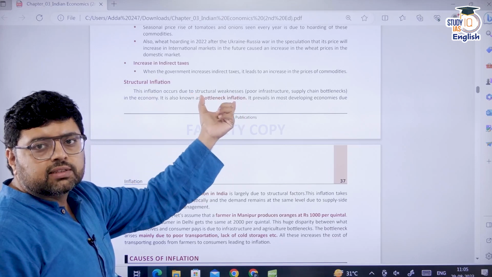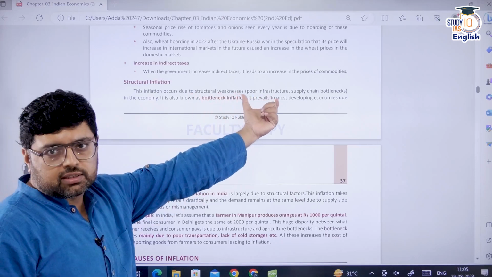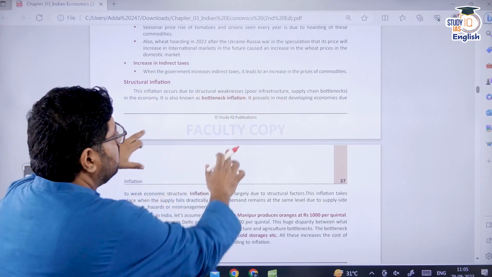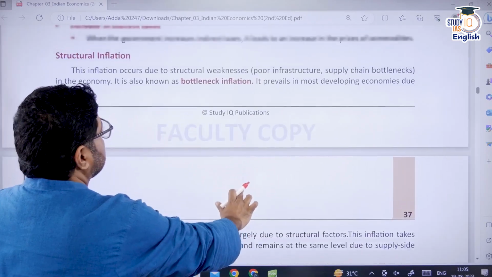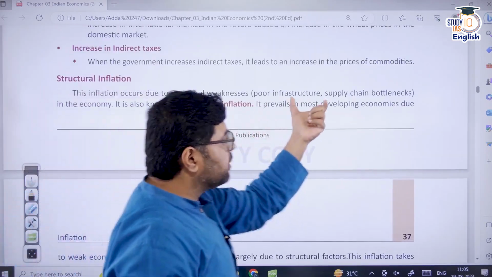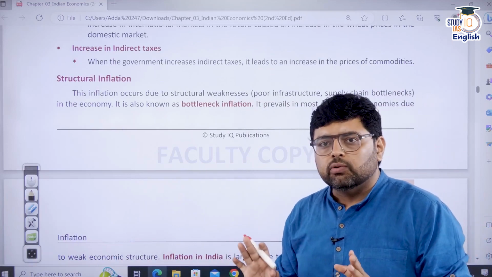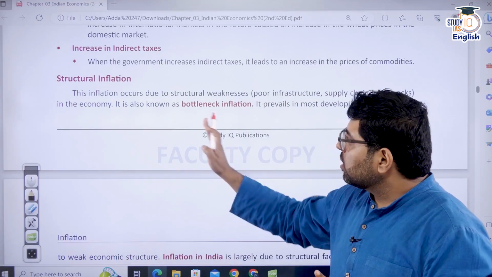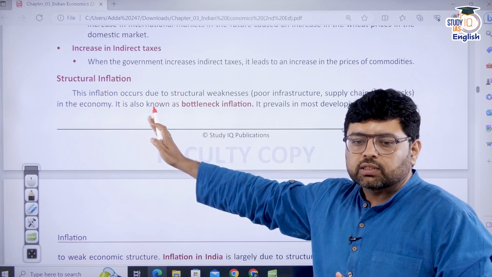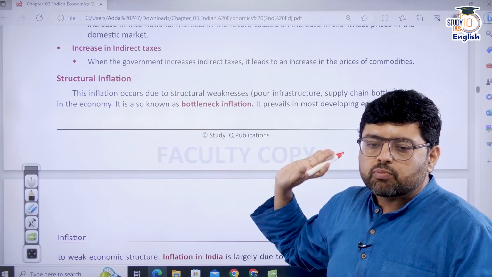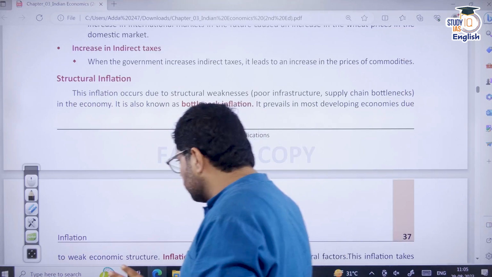Structure here means infrastructure, poor quality infrastructure, or supply chain bottleneck. Supply chain bottleneck is also part of infrastructure. Ultimately that is called structural inflation. This is also called bottleneck inflation. This is what you have to remember.